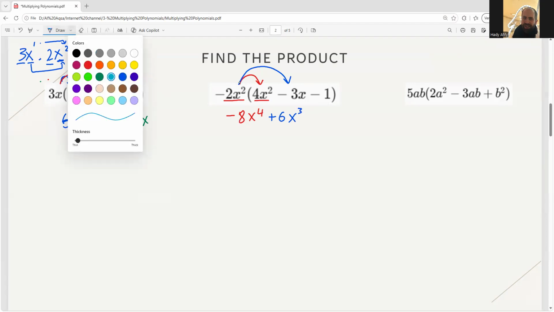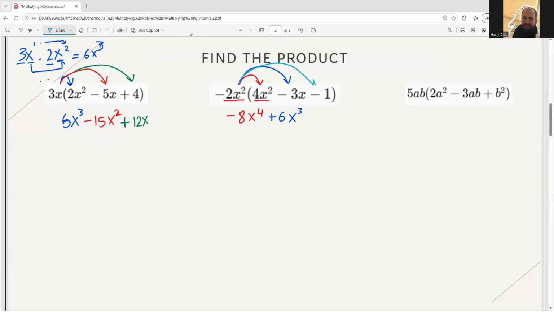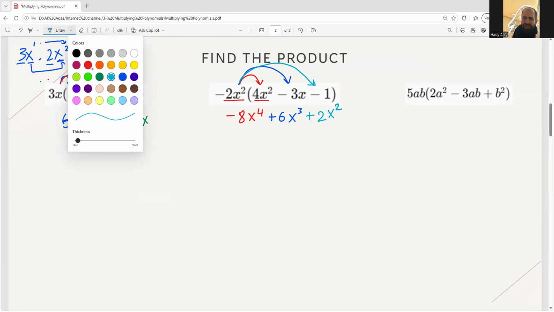And then I'm going to multiply negative 2x squared by negative 1. So negative 2 multiplied by negative 1 gives 2. Then x squared will remain as it is because there are no exponents of the same base that I can multiply with in this step.